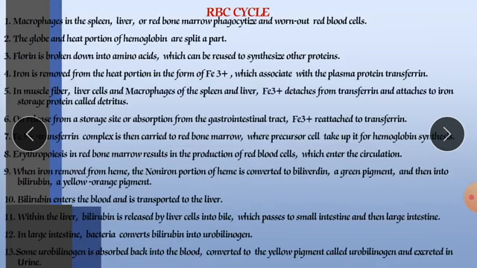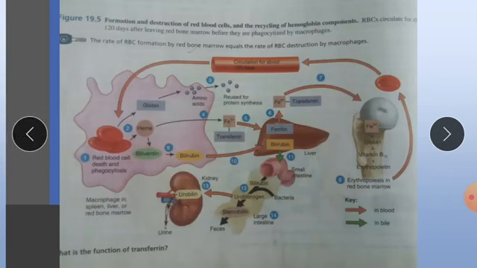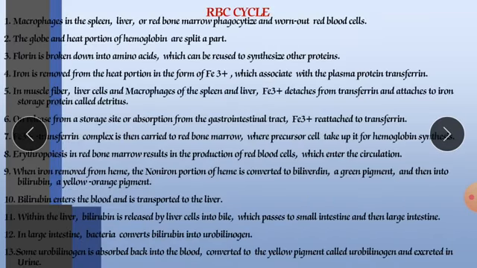On release from the storage site or absorption from the gastrointestinal tract, the Fe3+ reattaches to transferrin. It can be absorbed from the intestine, and again it reattaches to transferrin. The Fe3+ transferrin complex is then carried to the red bone marrow, where the precursor cells take it for hemoglobin synthesis.